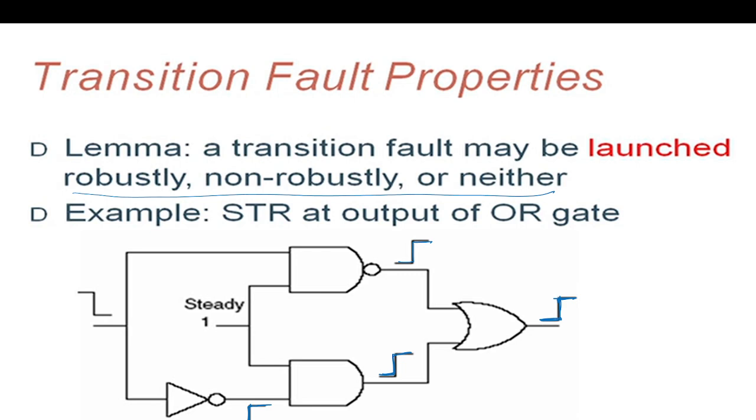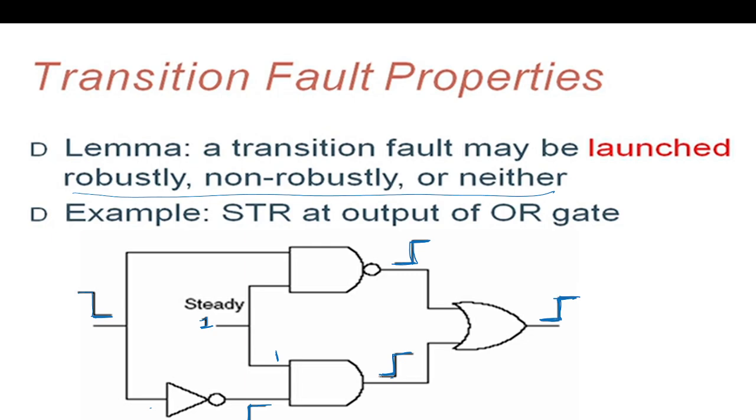To have a slow to rise here, a non-controlling value is required. And this is a NOT gate, so the opposite is required. If we have this value, and here it's already non-controlling for the NOR also, so we have the same transition. So having both the transitions, we can have the transition at the output.